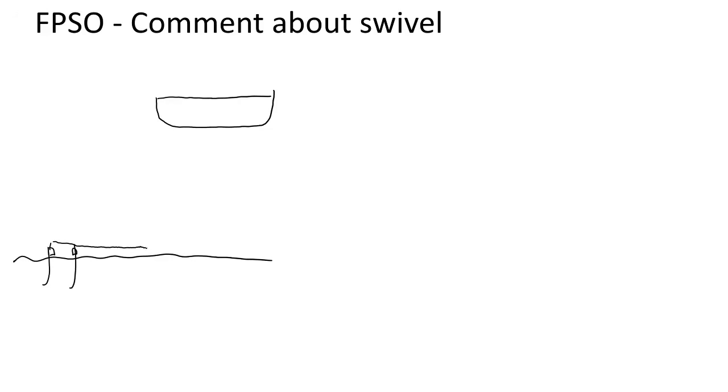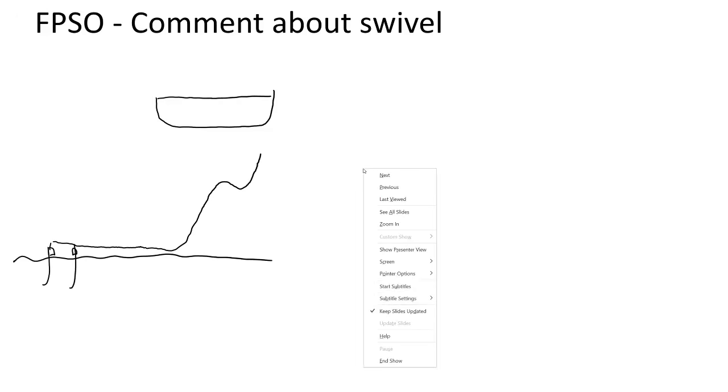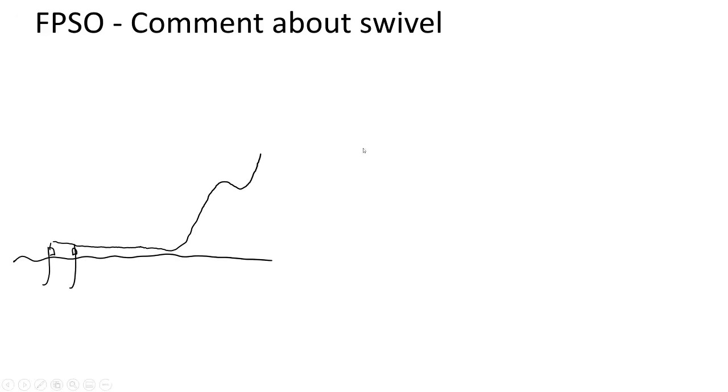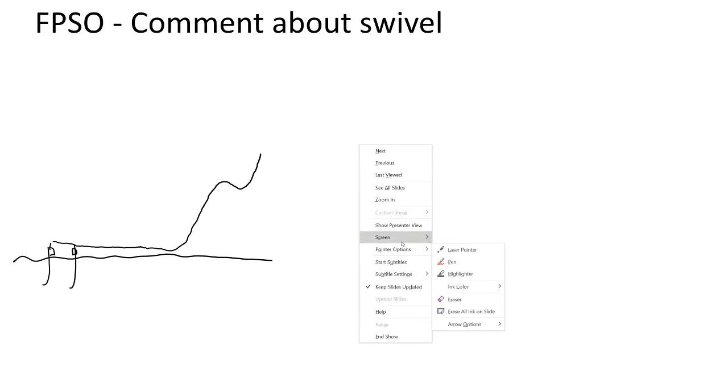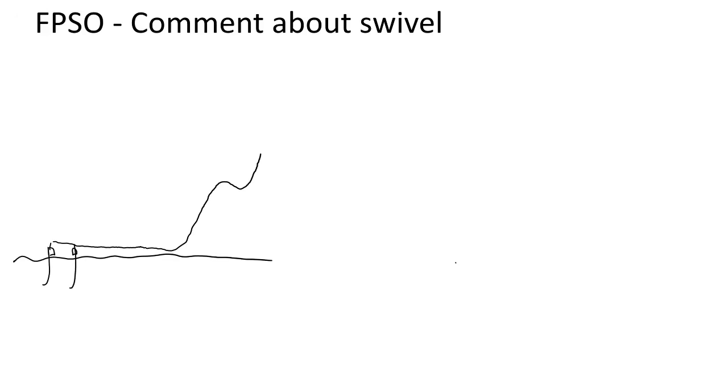Let's make the boat a bit in another place. Okay, the FPSO is here, and then you have the riser coming up here.